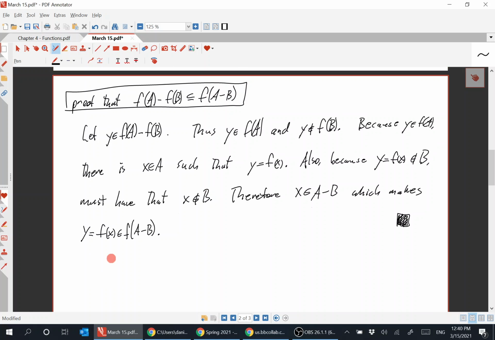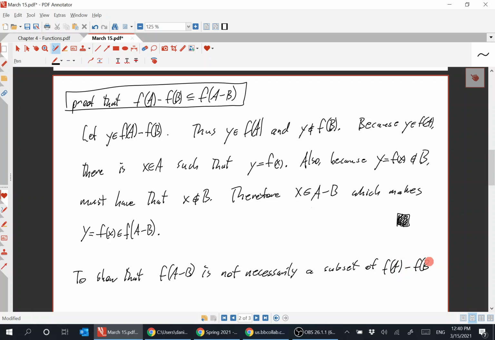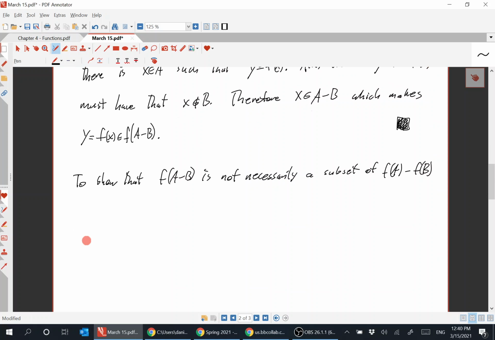All right, so to show that the other containment is not necessarily true, that the image of A minus B is not necessarily a subset of image of A minus image of B, we do what? I mean, it could be.